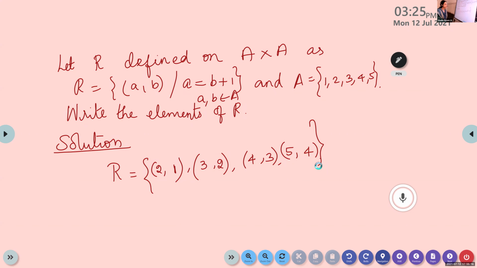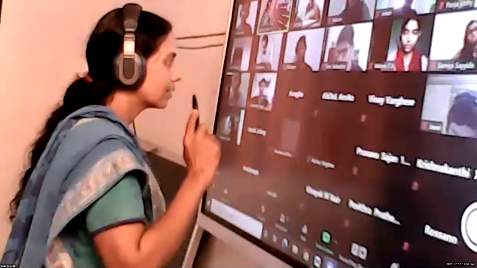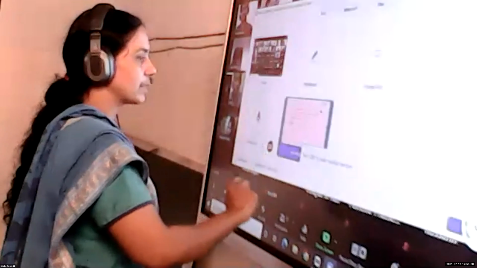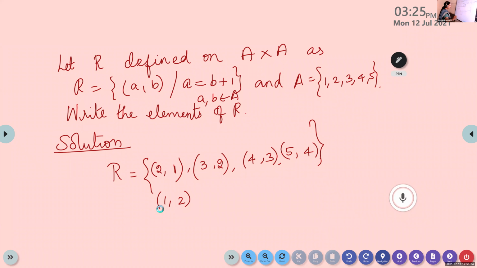Ma'am, can you write 1, 2, 2, 3, 3, 4, and so on? Can you write 1, 2? Will it satisfy that condition? You check it. In 1, 2, this is a, this is b, isn't it? a must be b plus 1.